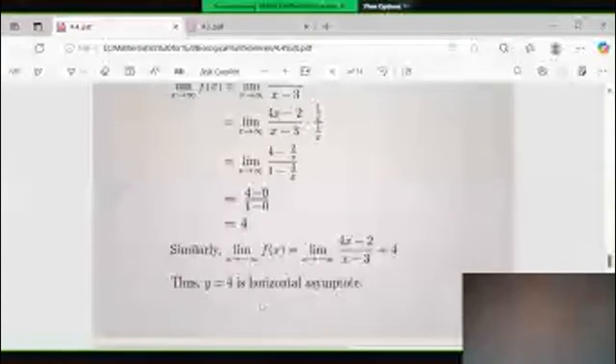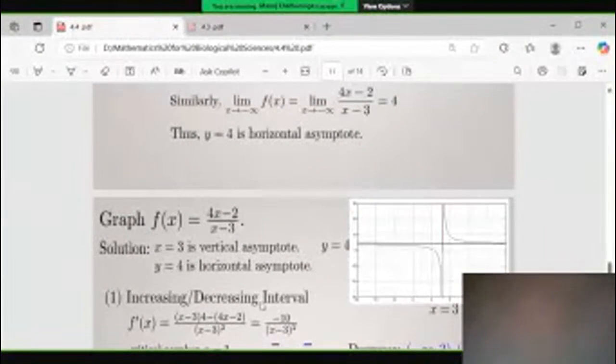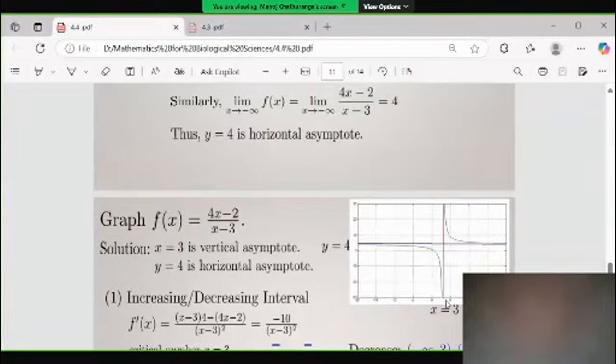See, we get 4. y equals 4 is a horizontal asymptote. So this is how the graph of this function looks. This blue horizontal line is y equals 4. The red vertical line is x equals 3.